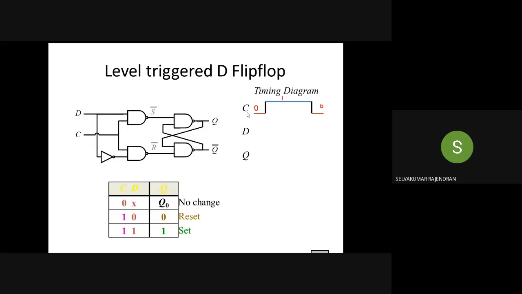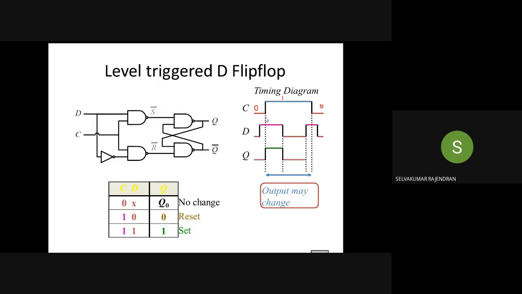So I'm taking a clock signal or control signal like this and I'm applying data input like this. Then for these two signals, what will be the output Q? Here the Q will be produced like this. So you can observe the waveforms.